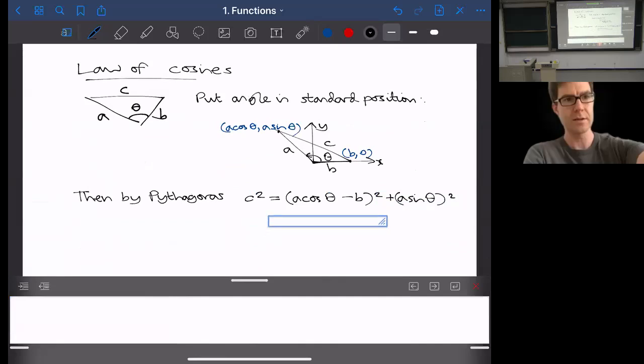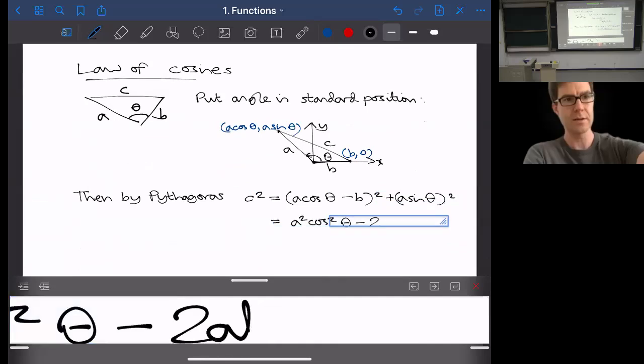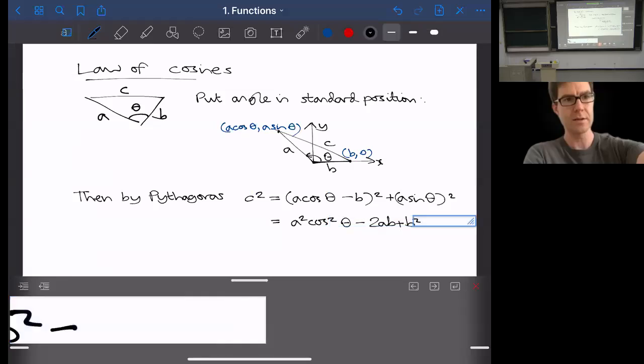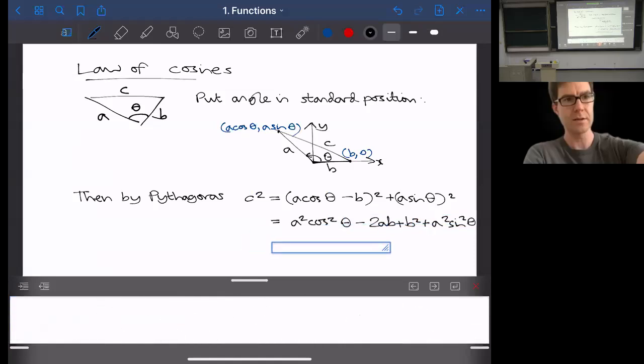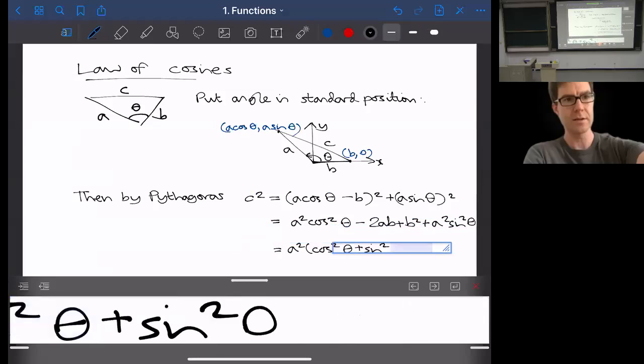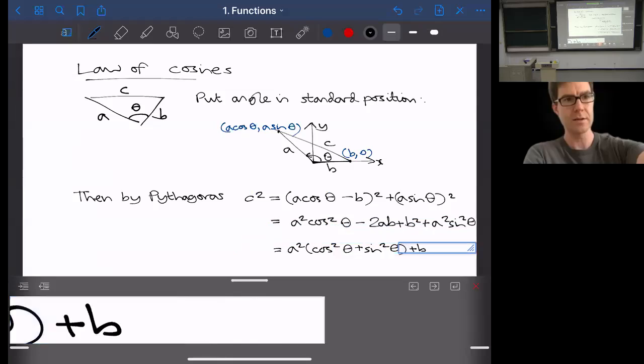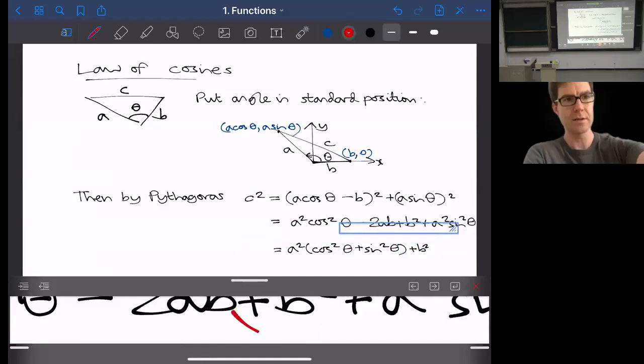And now I can simplify this with the identity I gave above. So I square, expand both squares, like that, and then I can collect terms. Oh, I forgot an important term here.